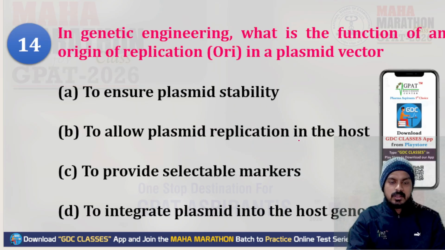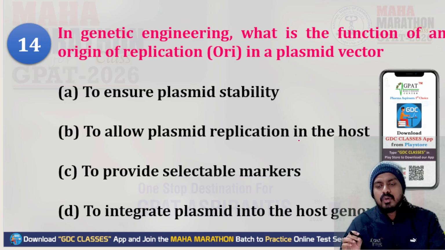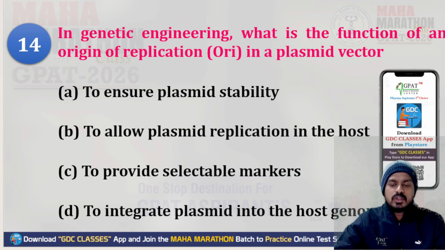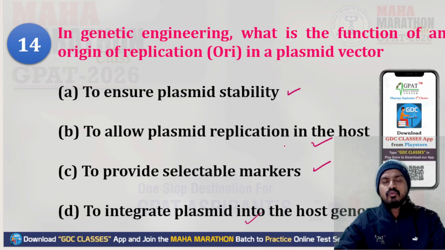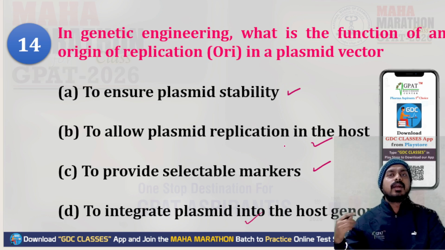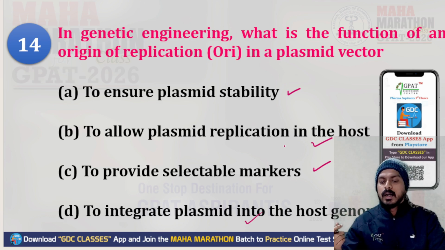Okay, next question. In genetic engineering, what is the function of origin of replication? To ensure plasmid stability, to allow plasmid to replicate in the host, to provide a selectable marker, or to integrate the plasmid into the host genome. What is the role of ORI? ORI stands for origin of replication. It is the site where the replication process basically starts.